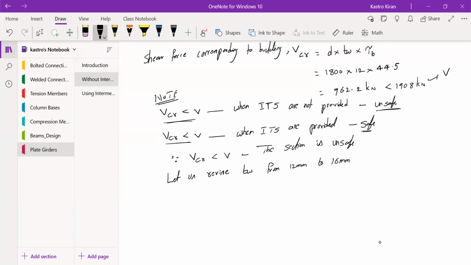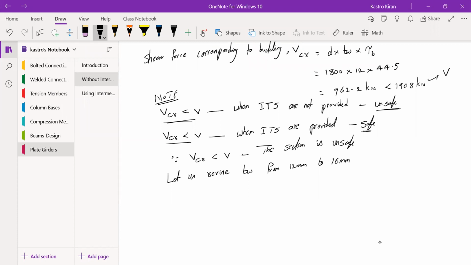So instead of that, you just skip one value and go to the next possible value. That's the reason I'm going to 16 mm. You can also check for 14 mm, and if you find VCR is less than V, again you have to resolve. So instead of too many repetitions, I'm directly taking from 12 to 16 mm.